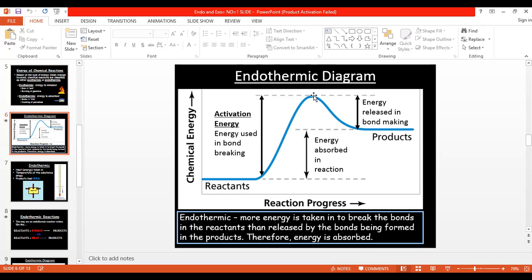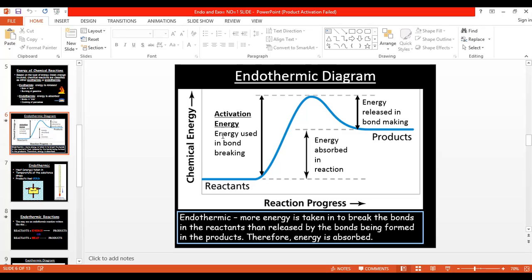You can see the peak. At this point the reactant is completely converted into product. And when reactant is converted to product, the formation of new bonds we call exothermic. And when we need energy to break the bond, we call it endothermic.